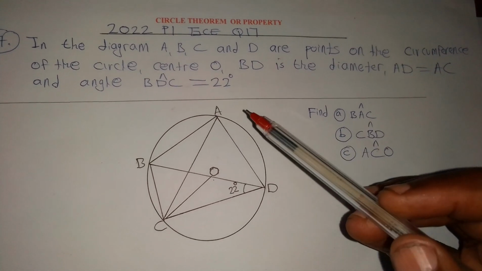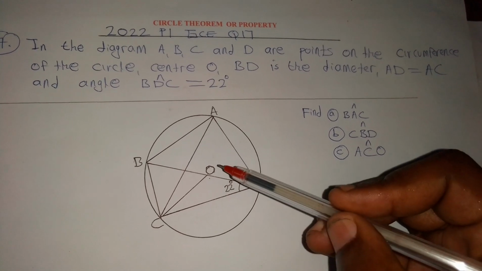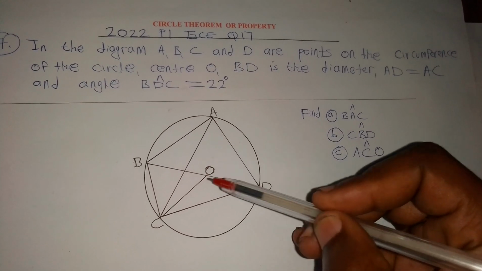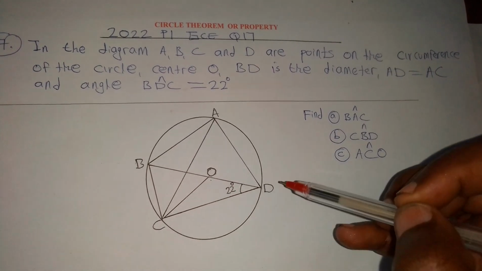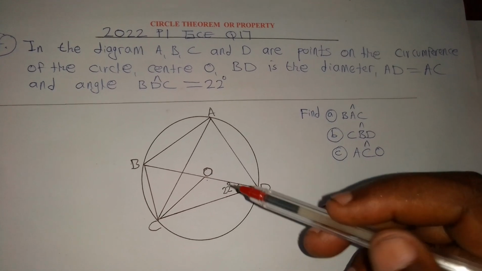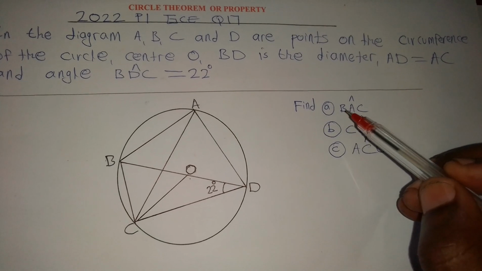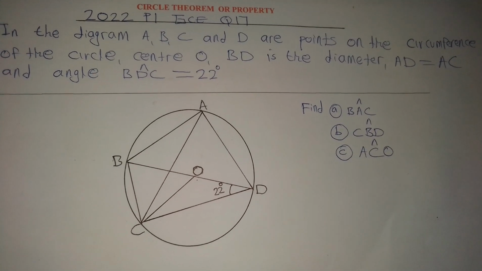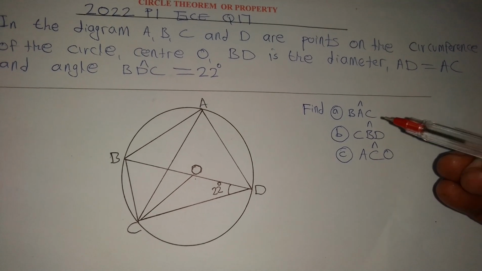Okay, so what they are saying, we have points A, B, C, and D. Then this O represents the center. BD is the diameter of the circle. The first question, we find angle BAC. When finding an angle, it is very important to follow the letters.